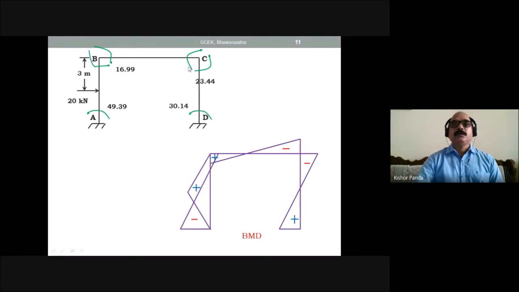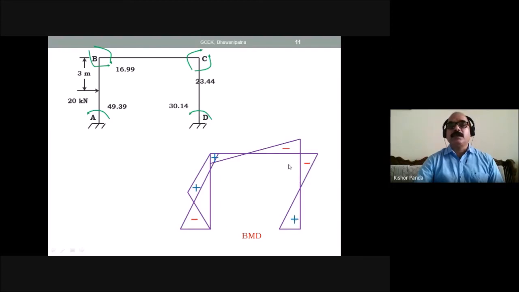Here you see this is 23.44 outside. So here you take 23.44, and this side is 30.14 inside. So this is 30.14. Then you draw this line. We already discussed in the first class that internally this side you take positive and outside you take negative.